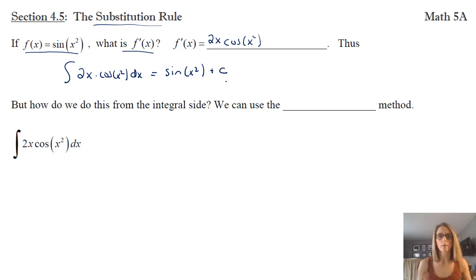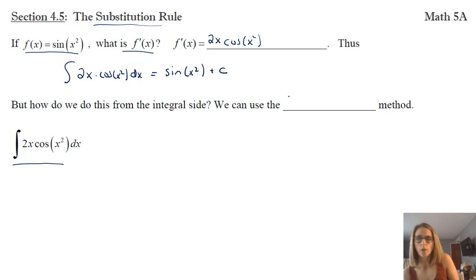But it's a reminder that we can take an antiderivative of something and get back to, in this case, what we were talking about originally, which was that f of x. So now the idea comes up is, what if you were just given what you see down here? And so you hadn't even thought about the fact of sine x squared.